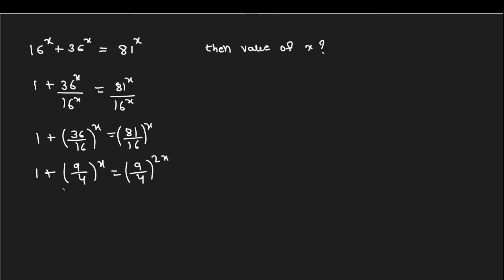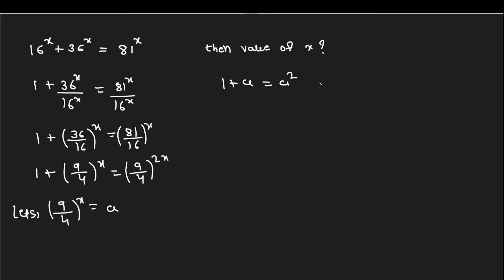Now we will substitute 9 by 4. Let's take (9 by 4) whole to the power of x is equal to a. Now we will substitute a in this equation. We will write the equation 1 plus a is equal to a square.